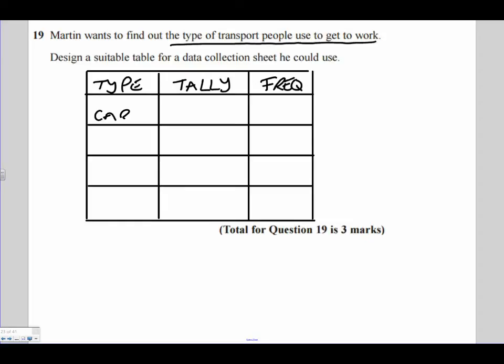So you can have car, bus, walk, or other mode. And then when people fill it in, 1, 2, 3, 4, 5, 1, 2, and you have a frequency of 7. Okay, so that is a suitable table for data collection.